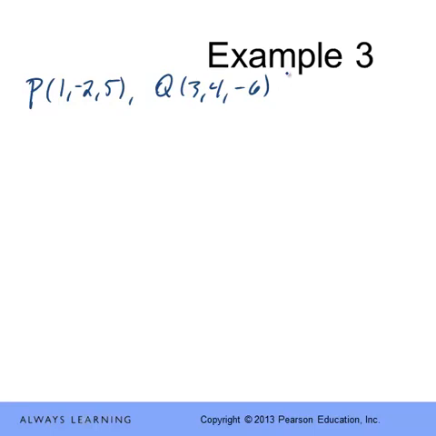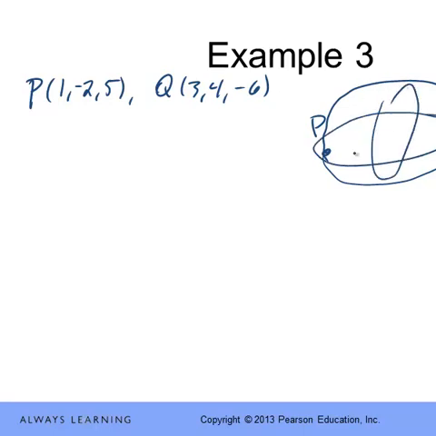Okay, so we might have a point P here and a point Q here. Imagine that you've got this sphere. It looks more like a lump, I know. So we've got this sphere, and P and Q are at opposite ends of a diameter.